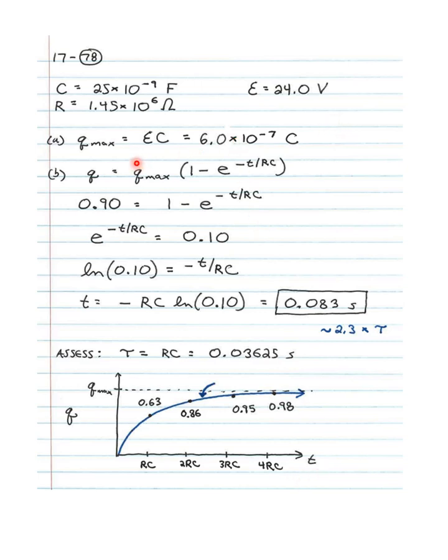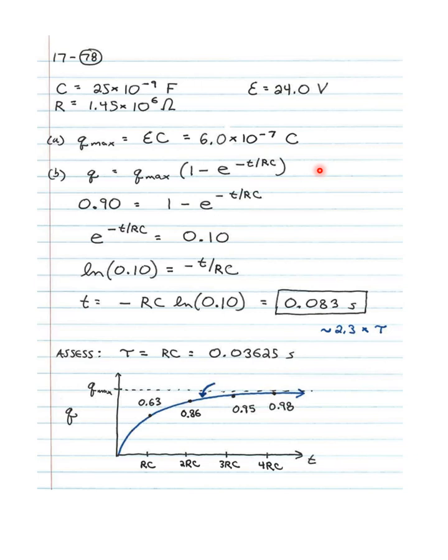The maximum charge is going to be voltage times capacitance, as if the resistor weren't even there, because the resistor adds the upside down exponential decay function, but for a very, very long time, that whole part just goes to 1. And so for part A, you should get 6 times 10 to the negative 7 coulombs.